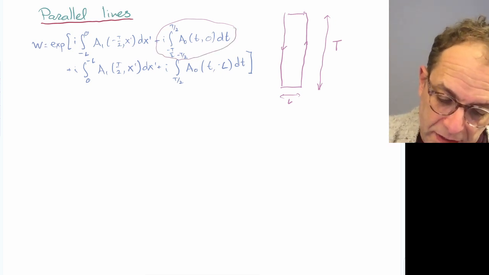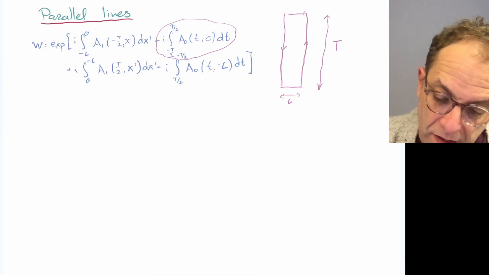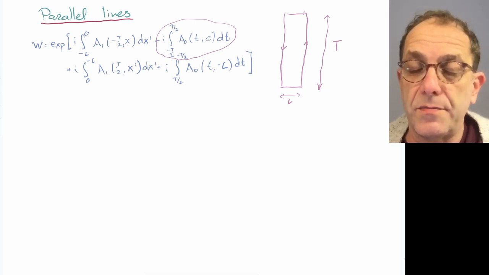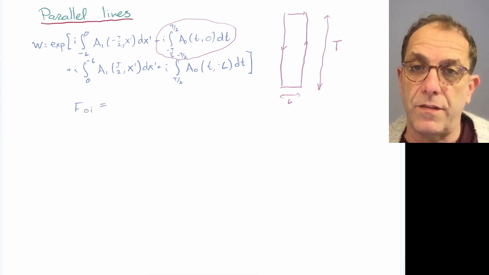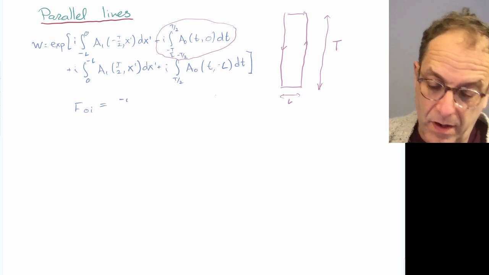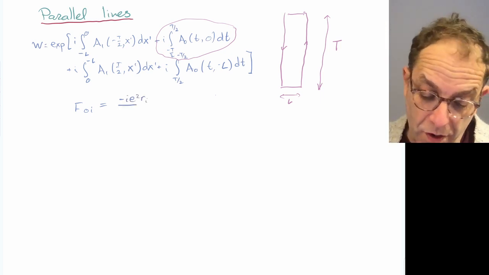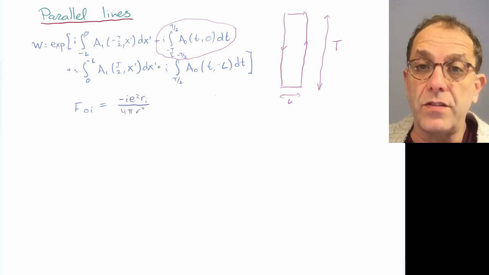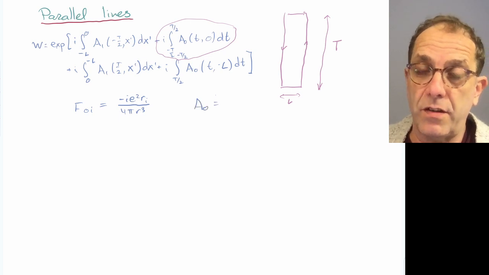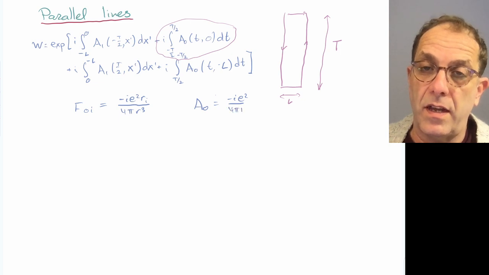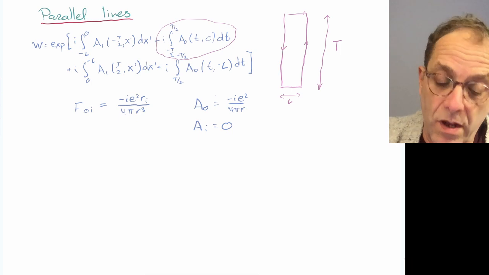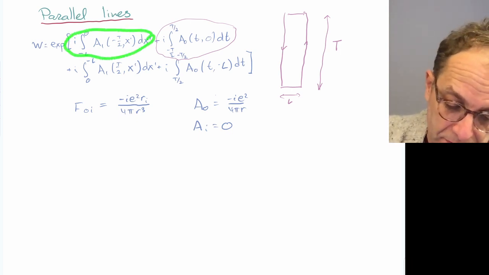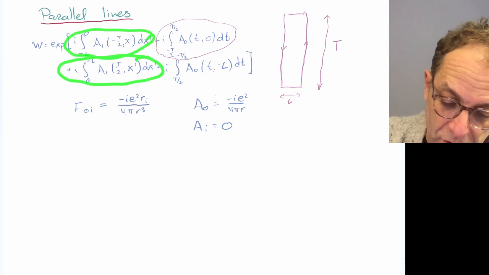And this piece will be the one that I will consider as my source. And then I evaluate the 3 other pieces in the background of this source. If you do the homework, you would find, of course, the usual Coulomb potential, and you can write the gauge potential as follows. And now you can see that because A1 is equal to 0, these 2 terms will not contribute at all.